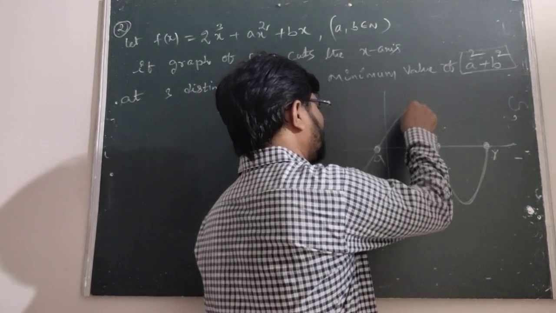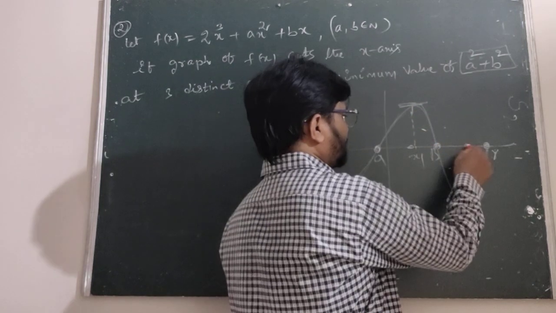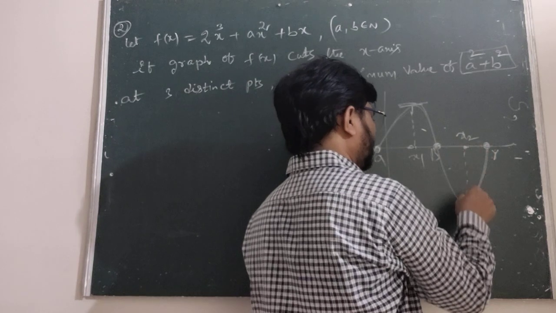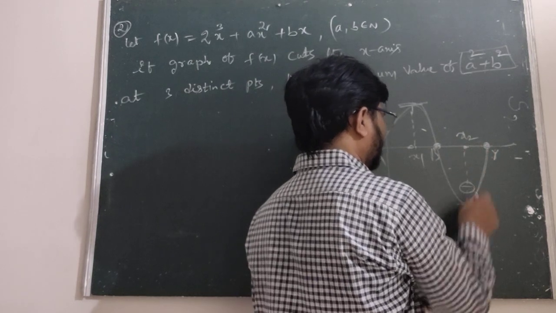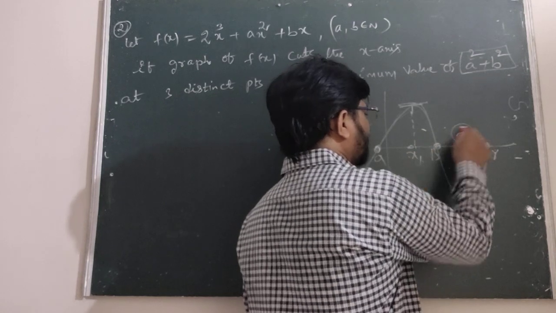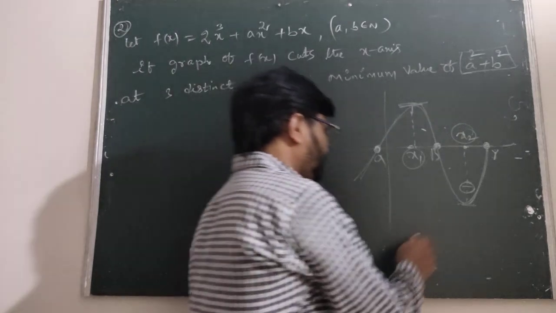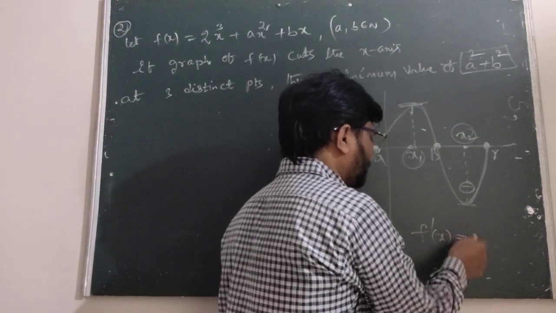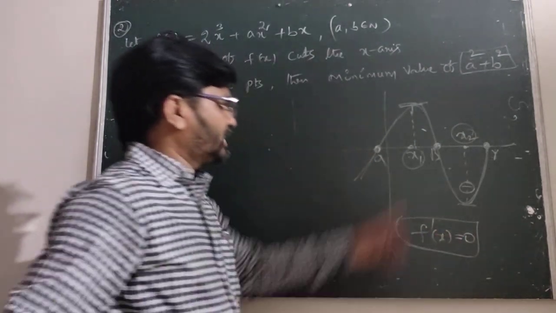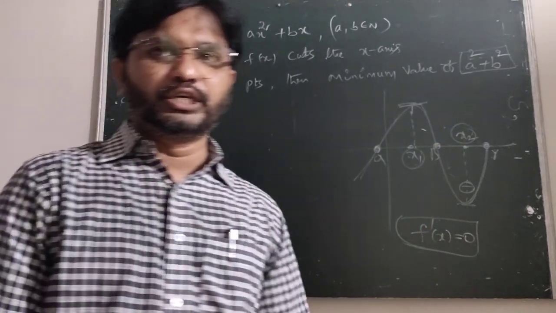The f of x1, we know that it is always positive. This is x2. That means this is negative. How to get x1 and x2? These x1 and x2 are the roots of f dash of x equal to 0.